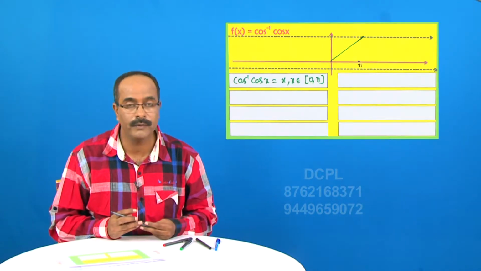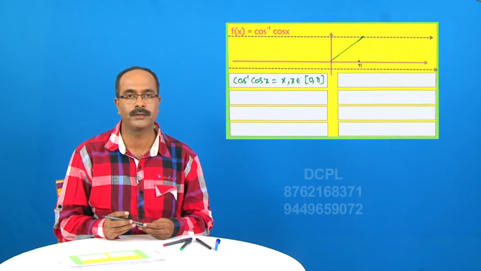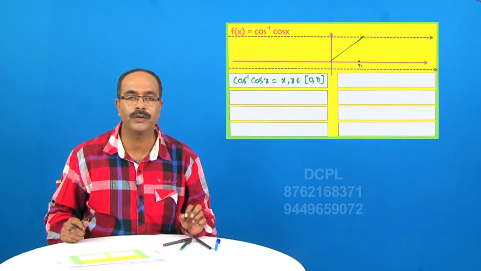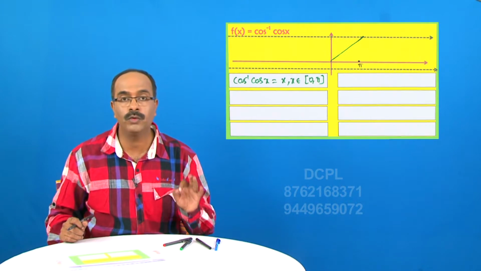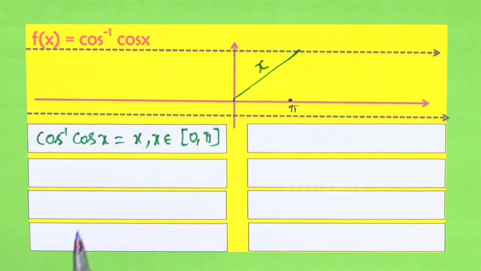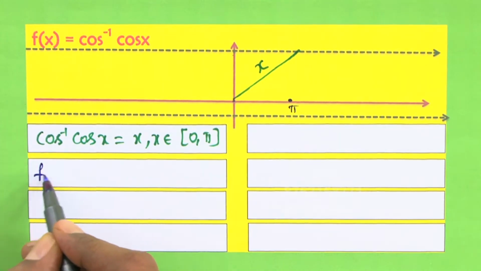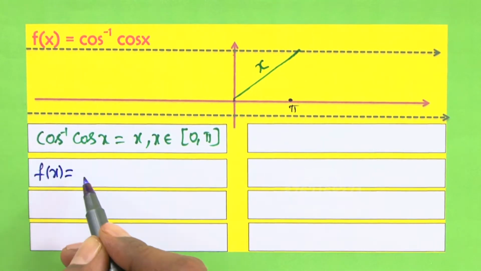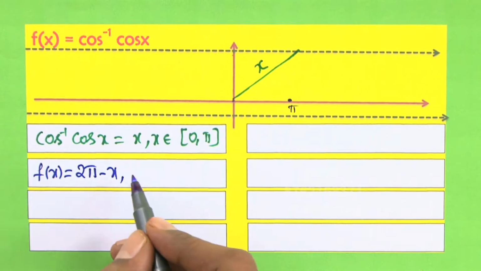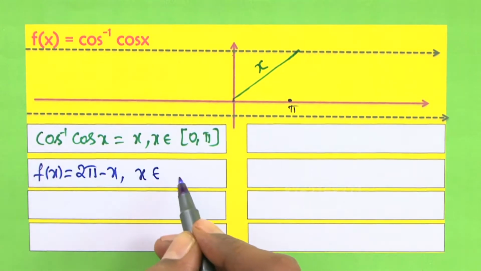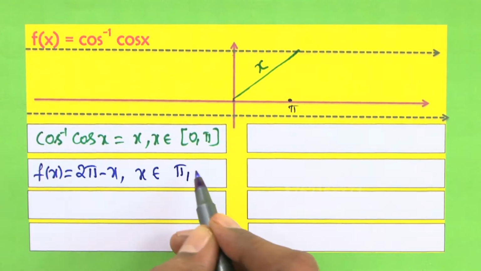What happens when x lies between pi and 2 pi? When x lies between pi and 2 pi, cos inverse of cos x should be equal to 2 pi minus x. I will say f of x is equal to 2 pi minus x if x belongs to pi to 2 pi.